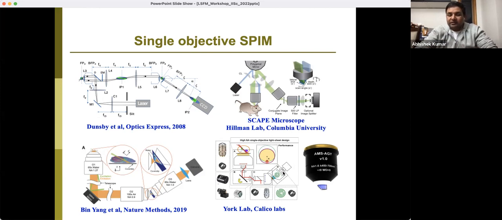And they designed a lens combination which allows you to capture the highest NA possible from your primary lens. In this case, they have pushed this limit to almost 1.25, which for many applications is I think pretty good. And then Loic and Andrew York, you might have seen a recent paper, redesigned this lens to capture a large field of view.